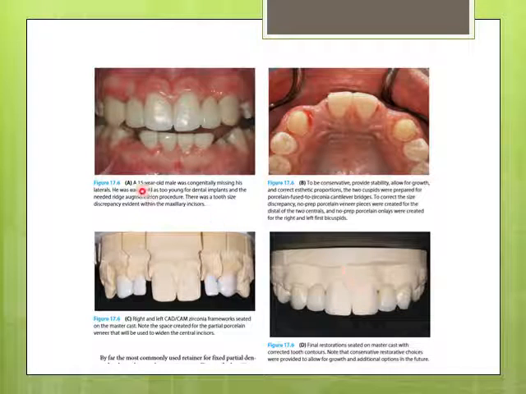Since the patient's age is about 15 years, we need 3 more years until we can place implants for the lateral.